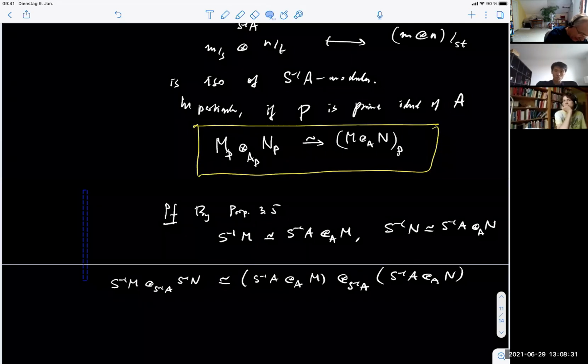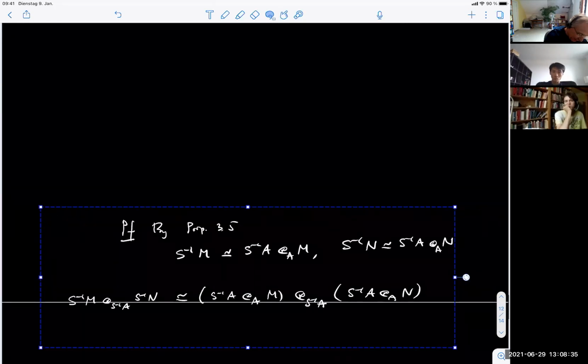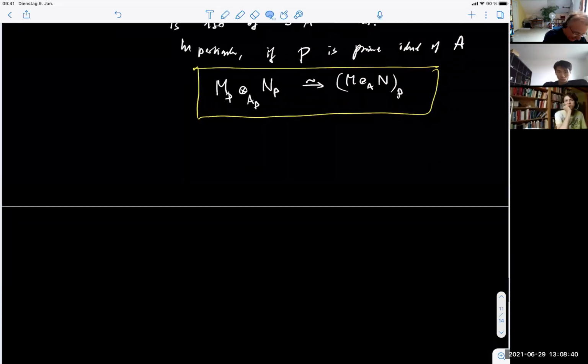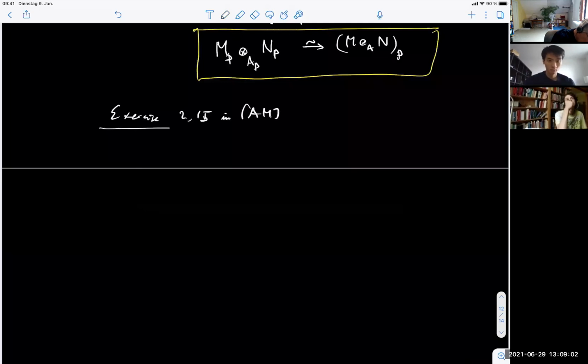Let me move this down, I need some space. So there is some result, and this is actually exercise 2.15 in Atiyah-Macdonald. Let me at least write the statement, because I want to apply this.